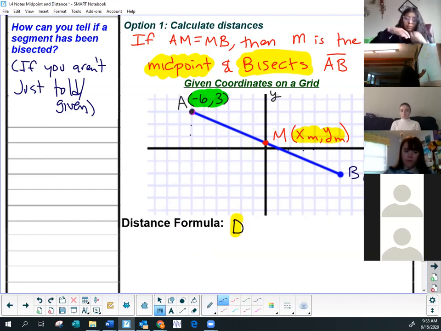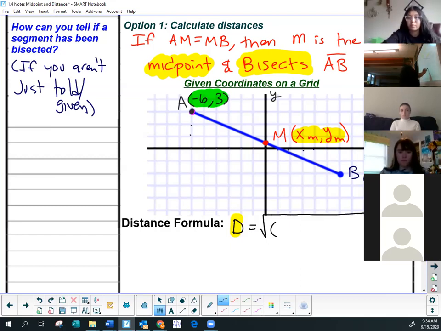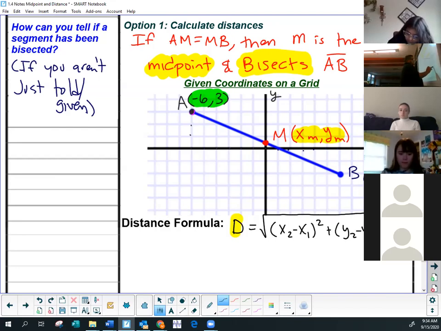So to calculate the distance D, you can take the square root of, big square root, ... I will totally explain that formula, but let's get it down first.